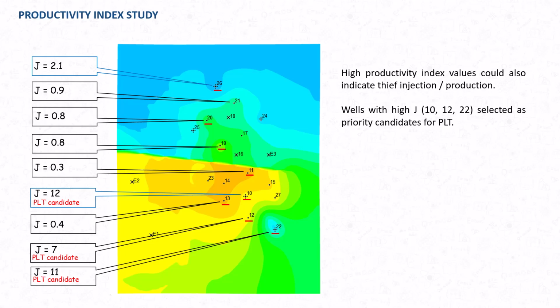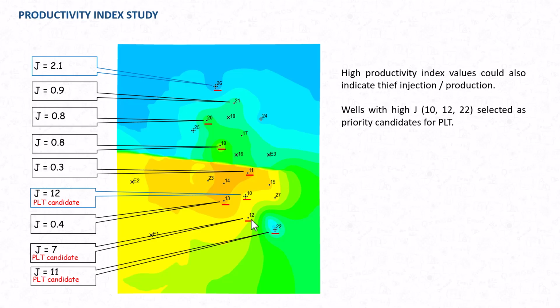So if we were to study the injectivity or productivity index, we would see that we do have several wells very suspicious with a very high productivity index. Especially here in the southern part, we have two injectors with a very high productivity index, 10, 22, and a producer 12, also with a very high productivity.